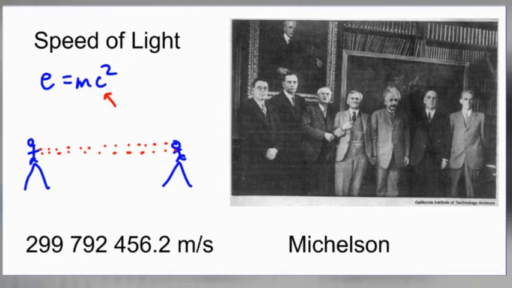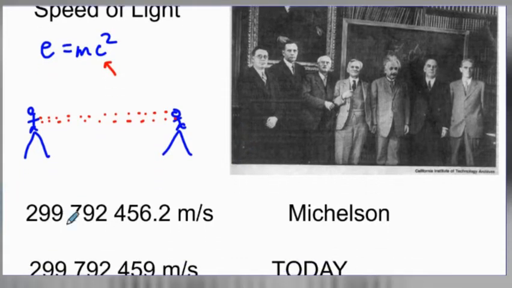But at Mount Wilson in California in 1927, a physicist by the name of Michelson earned himself a Nobel Prize in physics for calculating the speed of light. And he got this number here, 299,792,456.2 meters per second.